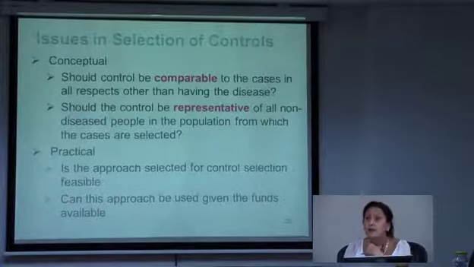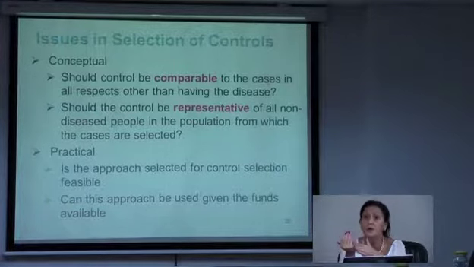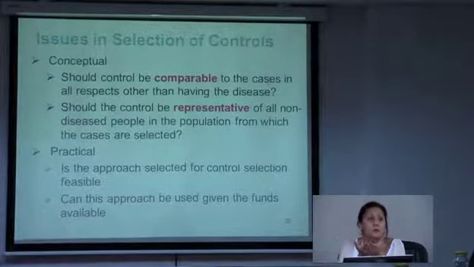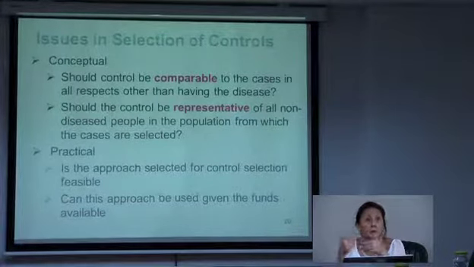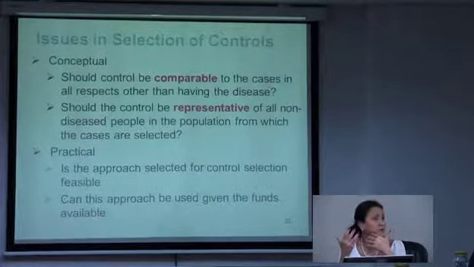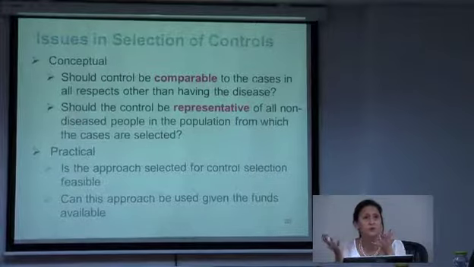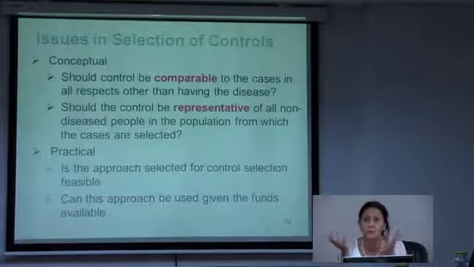But practically, can we do it? If I want my controls to be very, very comparable, can I do it? Is the approach feasible? And if the approach is feasible, do I have the funds to do it? So you always have to think about your resources. And of course, you always have to make a compromise.